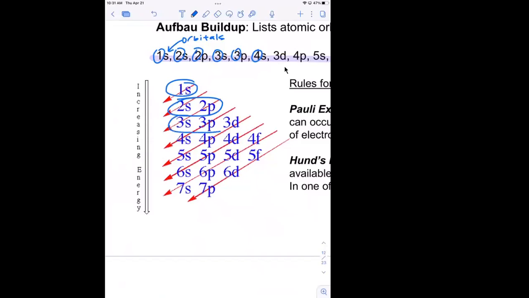The third energy level, 3s, 3p, and 3d. And the fourth energy level, 4s, 4p, 4d, 4f. So as you increase in energy, you also increase the number of electrons stored in that particular energy level. And we're gonna talk about the number of electrons each orbital can hold.